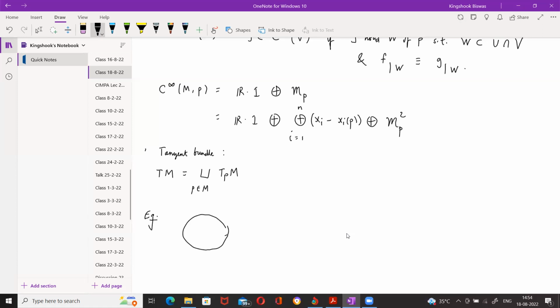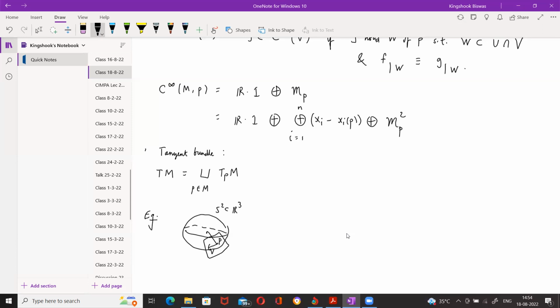So if I take, say, S2 in R3, then what will the tangent bundle be? It would naturally be pairs P together with a vector in the tangent space. But what is a vector in the tangent space here? The tangent plane to the sphere is just the orthogonal complement of the radius vector, right?